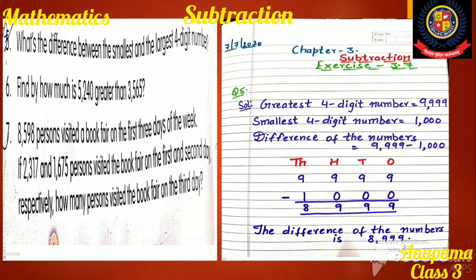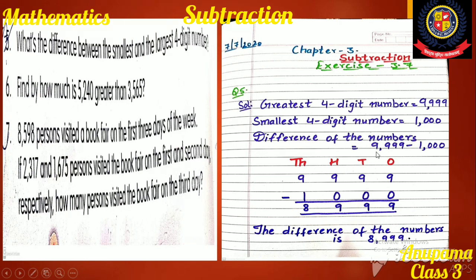Now in the next line we will write the smallest 4-digit number, that is 1000. Okay, now we have to calculate the difference of the greatest and smallest number. Okay, so how can we calculate the difference? For difference we have to subtract the smallest number from the greatest number.